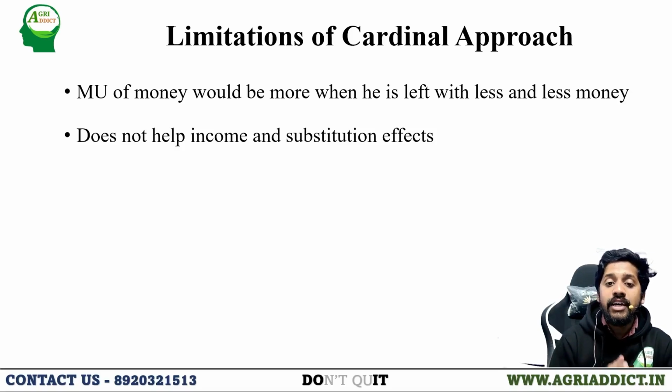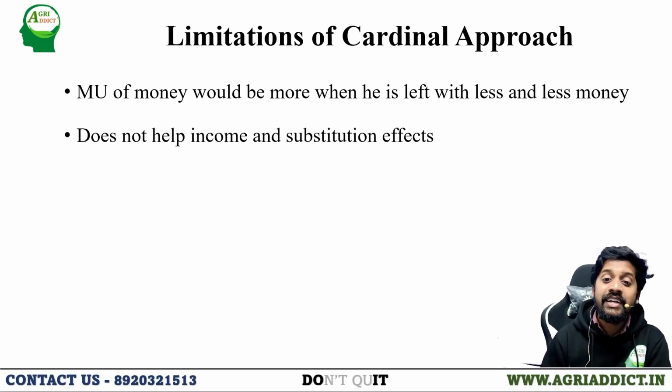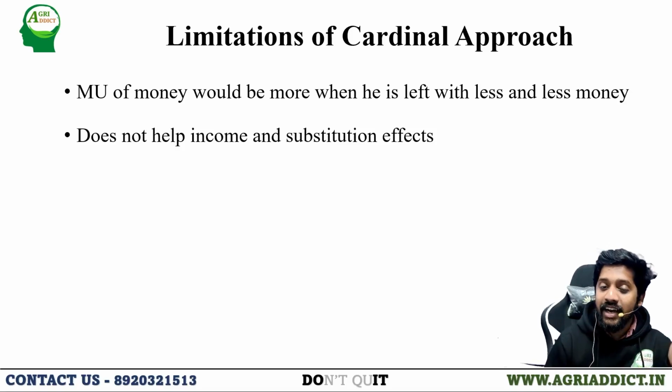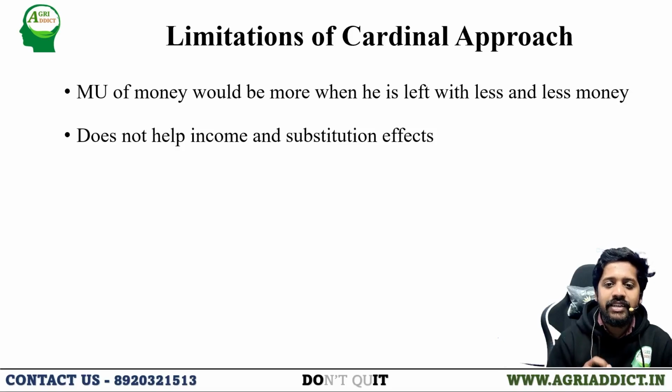So the marginal utility derived from money towards the end of the month will be much higher than when I had 10,000 rupees. So the marginal utility of money cannot be considered constant, so it is not a realistic assumption. That is the first limitation of the cardinal approach: the marginal utility of money is more when one is left with less and less money.